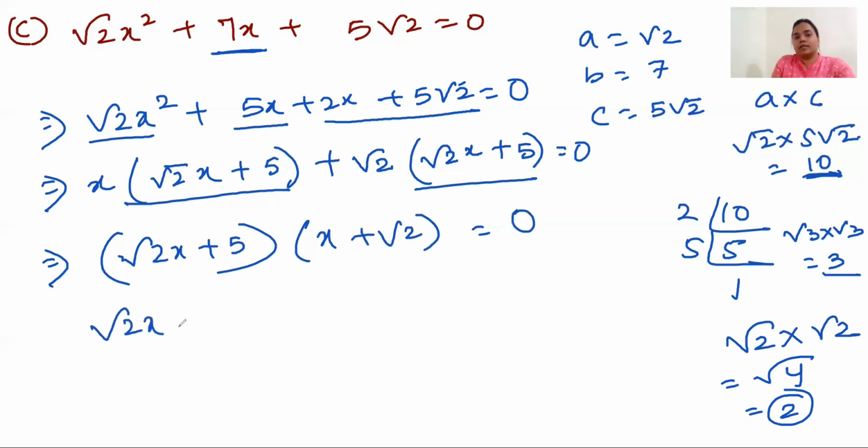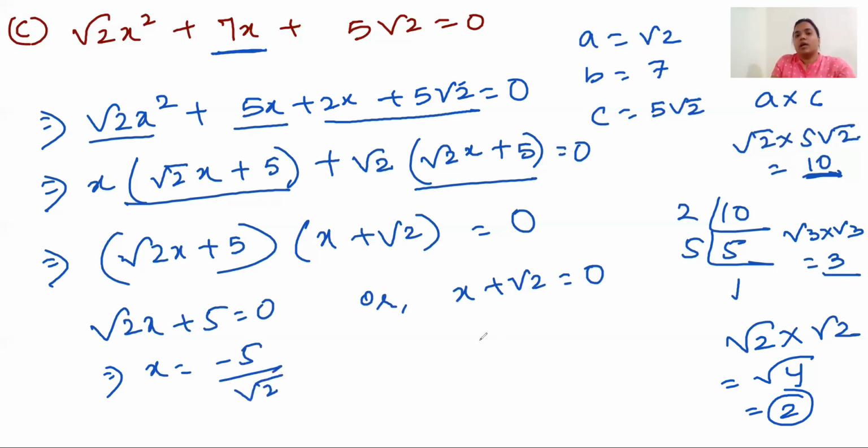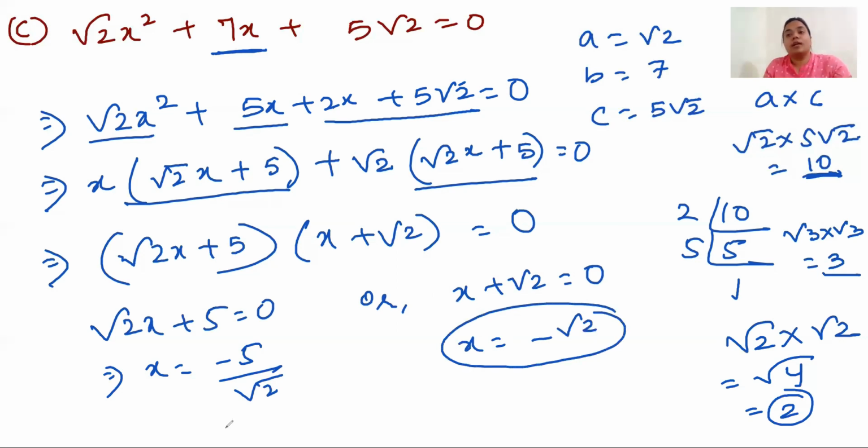So now same, either root 2x plus 5 will be equal to 0 or x plus root 2 is equal to 0. In this, x is equal to minus 5 upon root 2. In this, x is equal to minus root 2. We cannot leave an irrational number as the answer. If a square root number is in the denominator, it means it is an irrational number and we have to rationalize it.